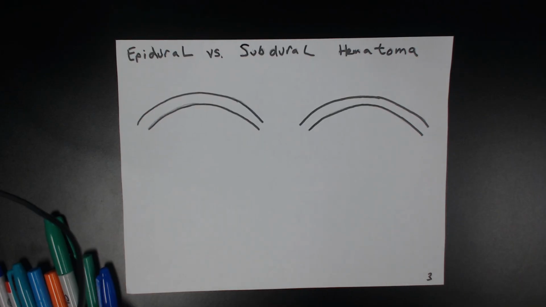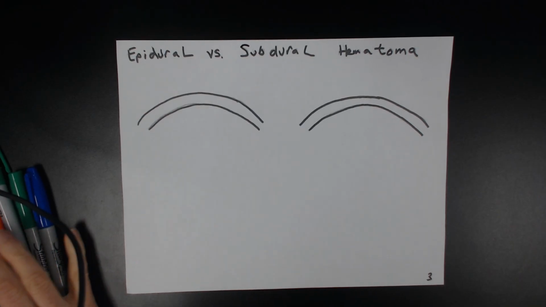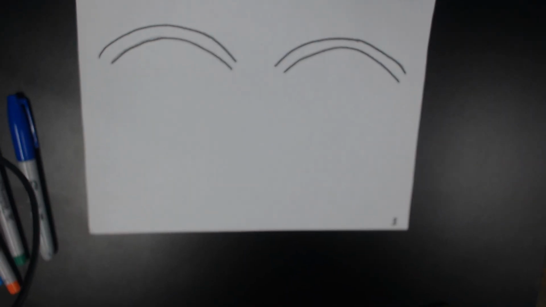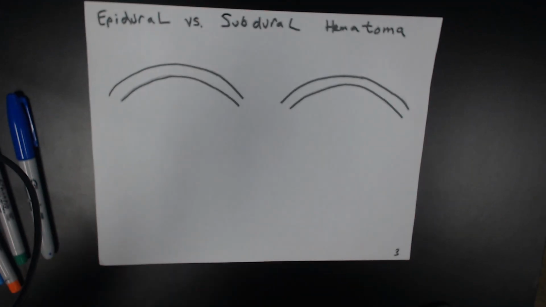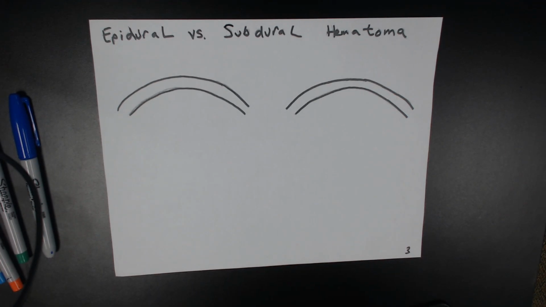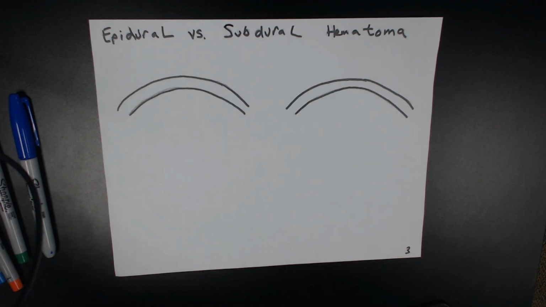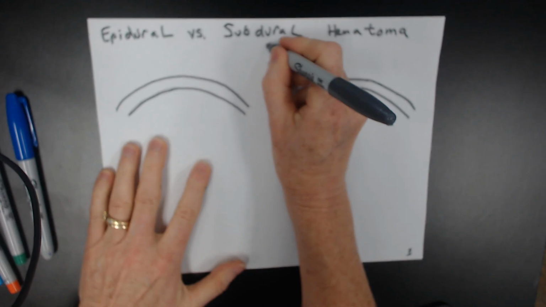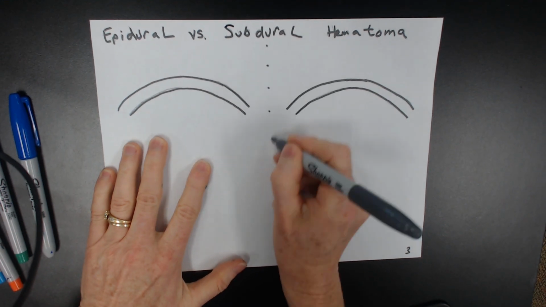I guarantee you will see patients with these two things this summer in the clinic. So what I'm going to talk about are epidural versus subdural hematoma and the important differences between them. Since I put them on the same page, I'm going to draw a dotted line to separate the two.